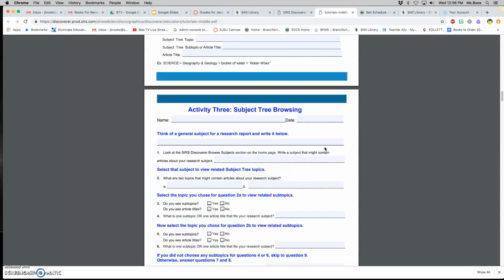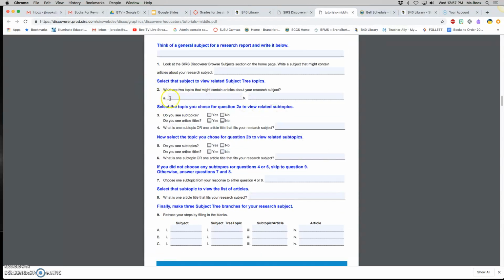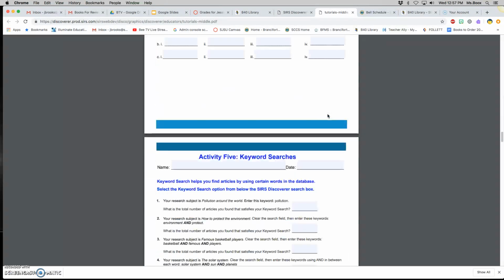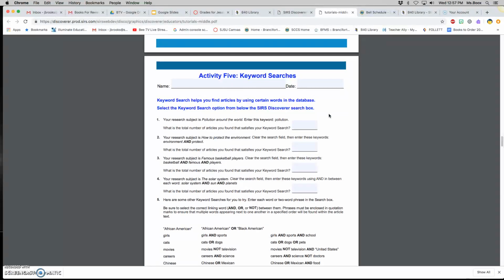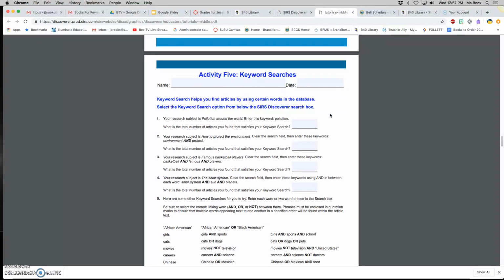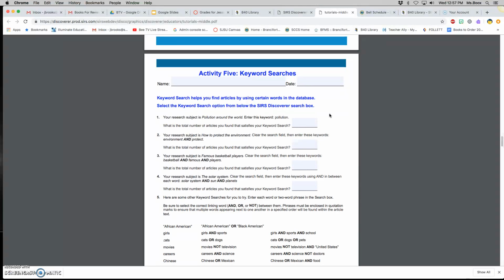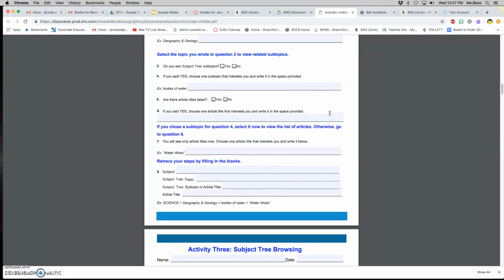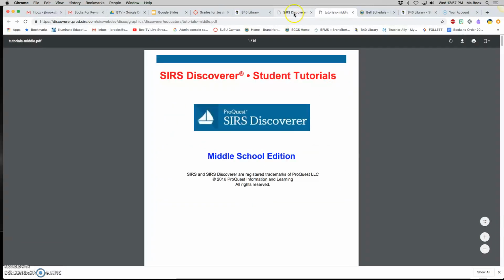So, subject tree branch search, these are handouts that you would give your students or handouts that you can mine for some good language. Keyword searches is a great one when you are thinking about doing Boolean search terms with advanced search. So I recommend looking through this and seeing if there's anything you can find useful.